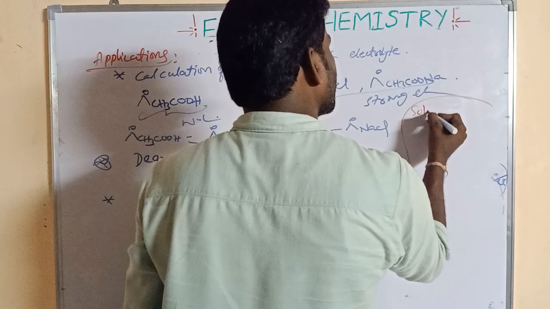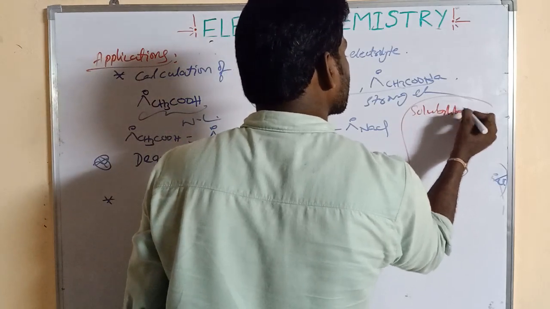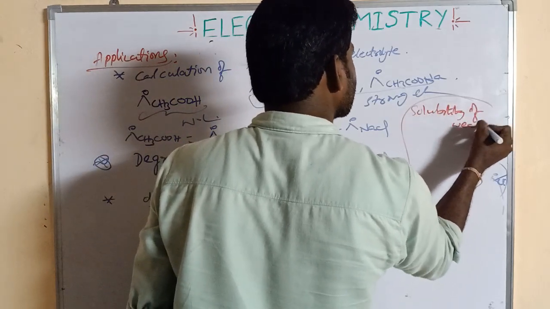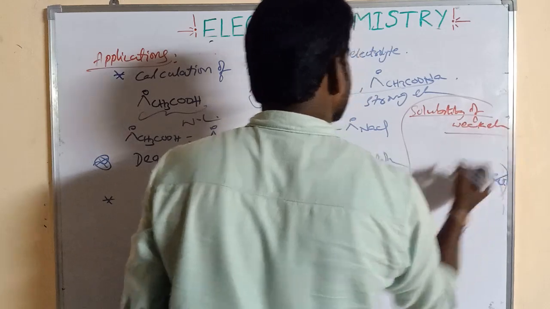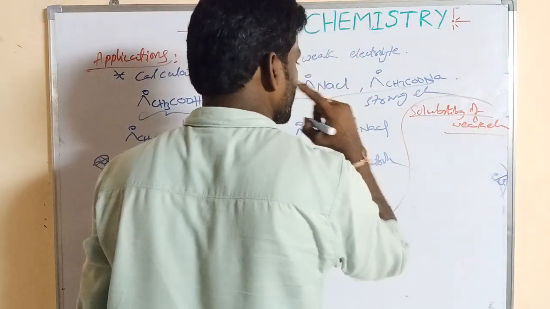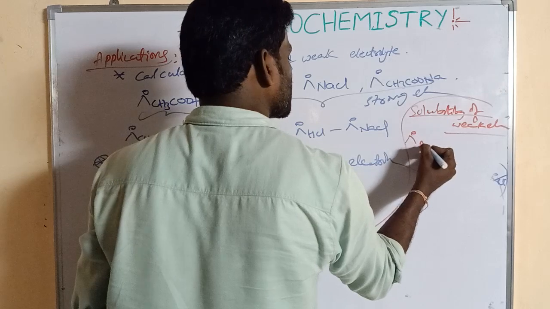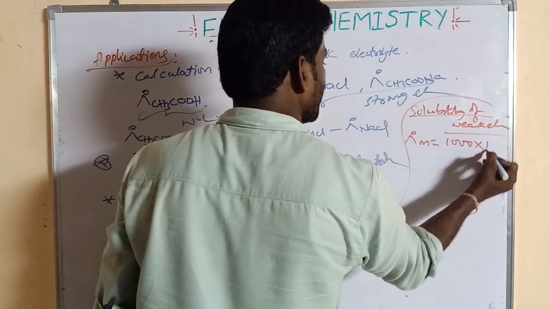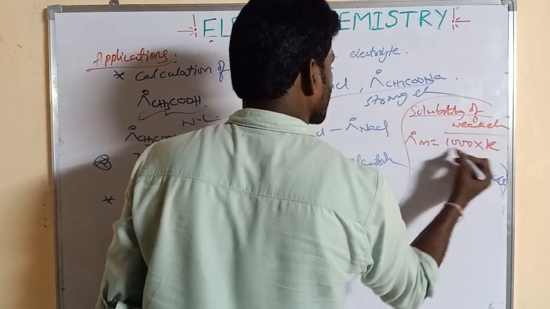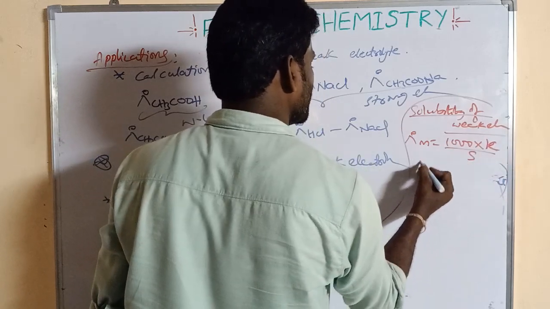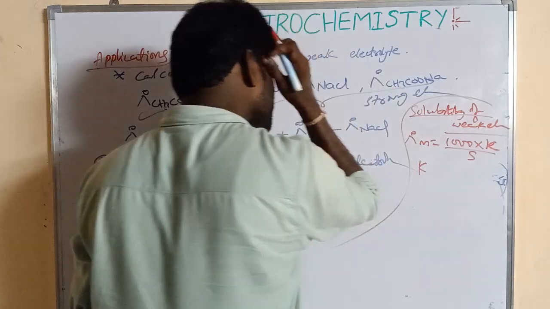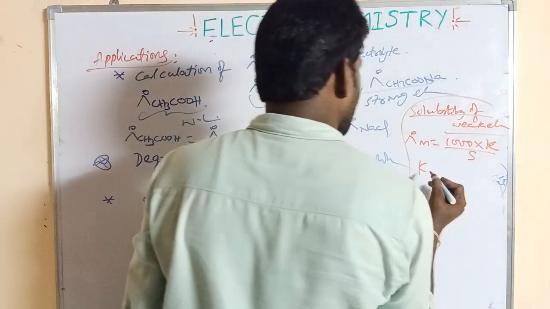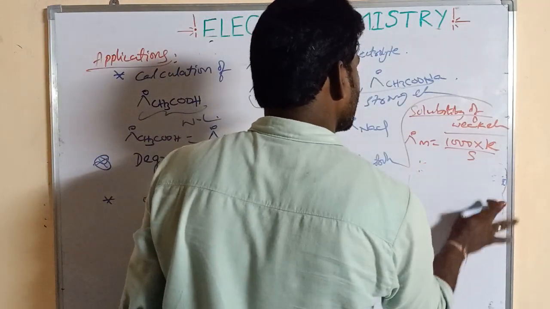And finally, the solubility of weak electrolytes. What is its formula? Kappa is equal to 1000 κ by S, where S is the solubility. What is the formula?